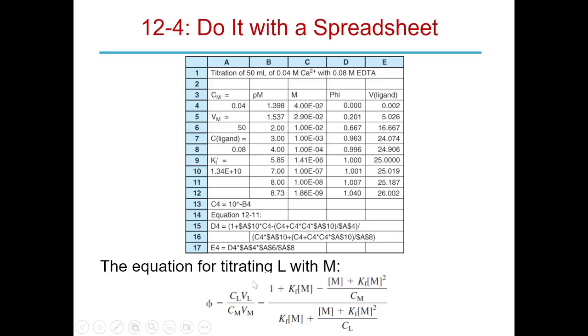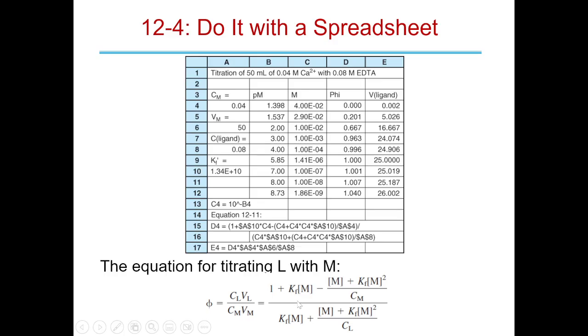So this right here is the result of those steps we just went through. Notice we have the ligand portion right here over the metal: concentration of ligand times volume of ligand over concentration of metal times volume of metal. Those are the sum of those left terms, or I guess it was on the right for you guys.